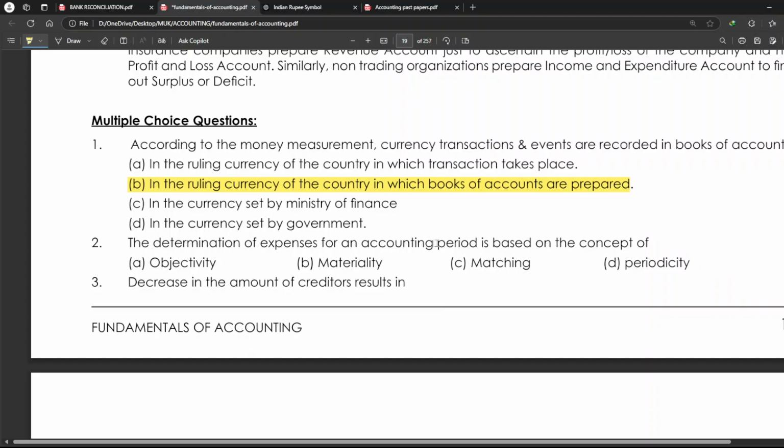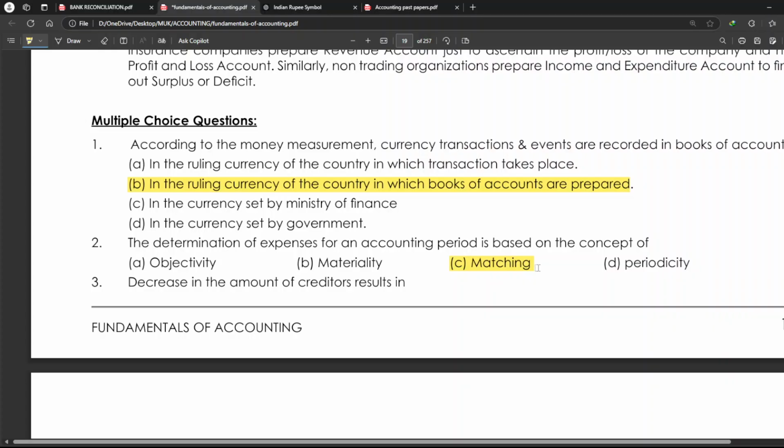The determination of expenses for an accounting period is based on, the answer is C, the matching concept. What does the matching concept say? It is used while determining the operating results of the organizations for a particular accounting period.